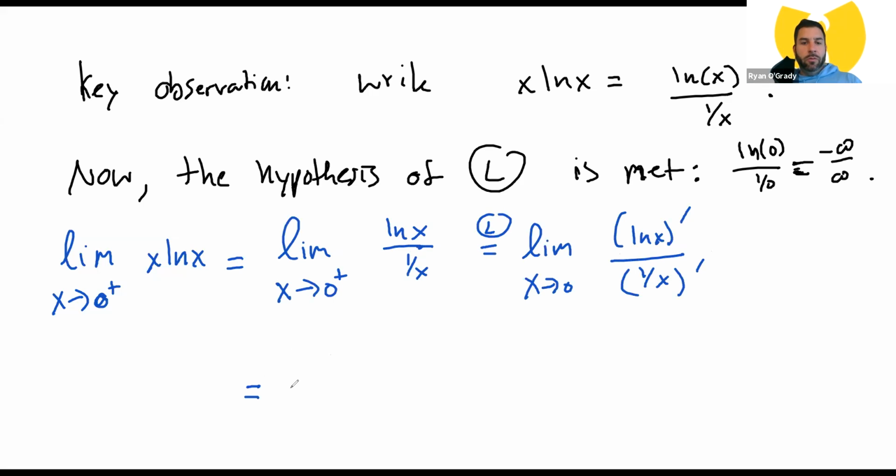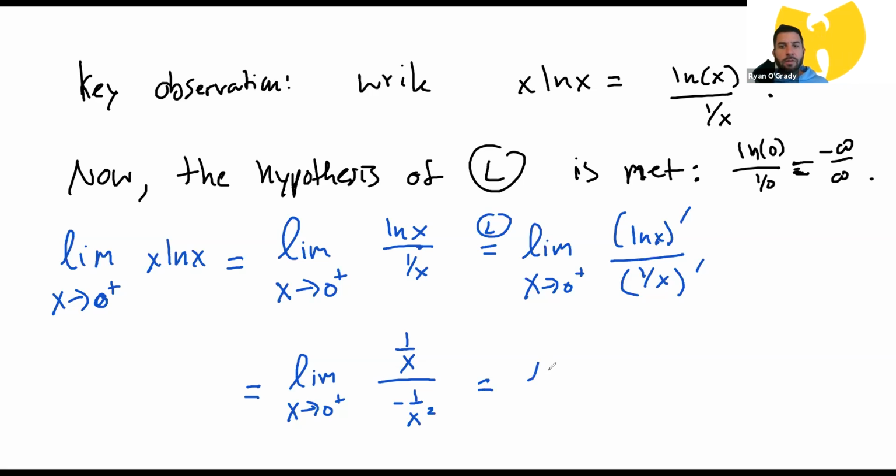The derivative of the numerator is 1 over x. The derivative of the denominator is negative 1 over x squared. And this simplifies using 5th grade arithmetic to just negative x. And so the limit is 0.